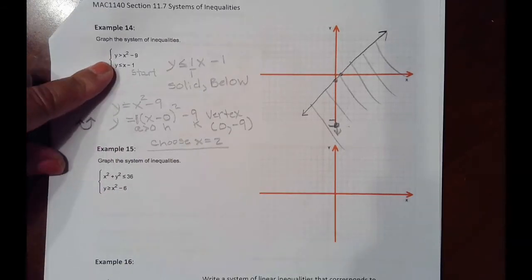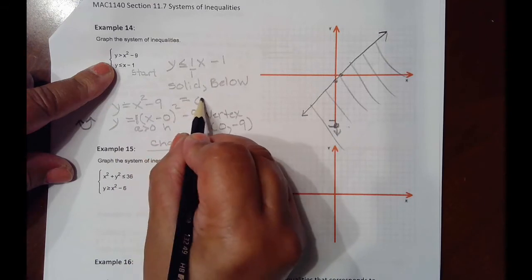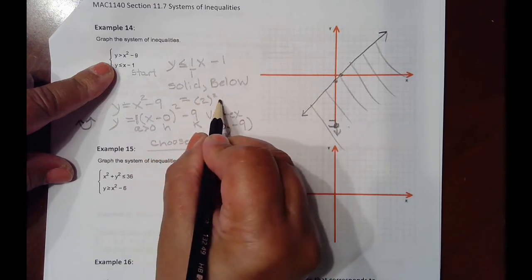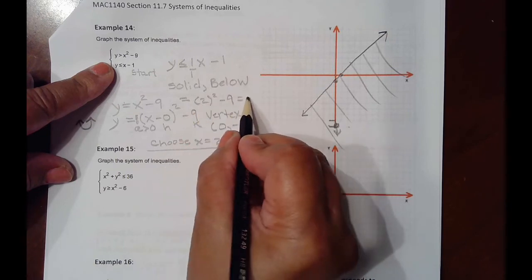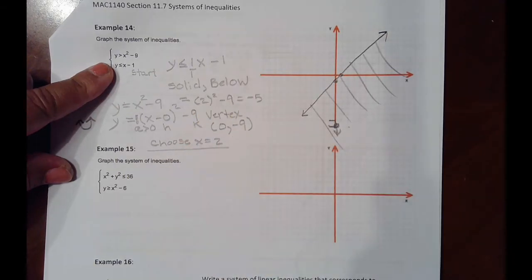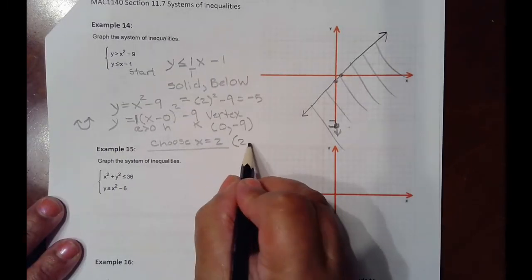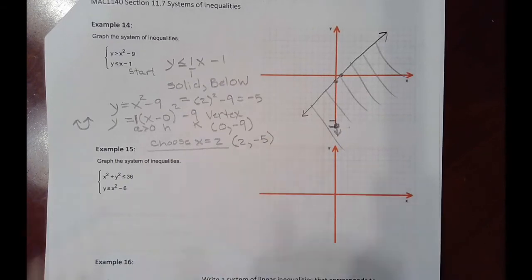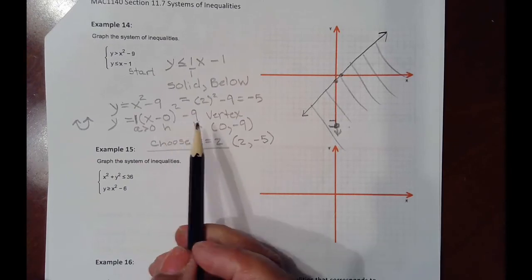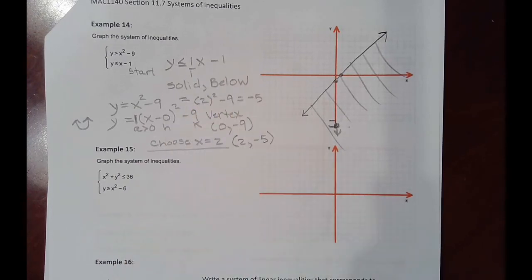So if I plug this in, right here it would be 2 squared minus 9, which is 4 minus 9, which is negative 5. Okay, so I put the 2 in there, subtracted 9, got a negative 5.